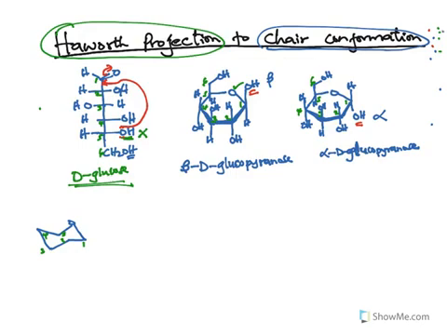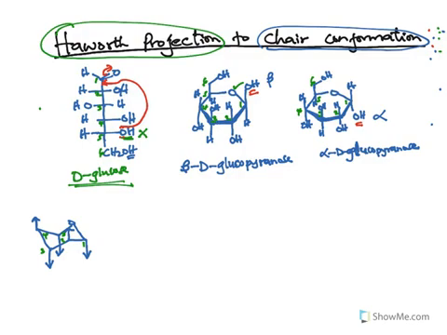Axial positions are going directly up or down. Usually we have them alternating: down, this is going to be up, this is going to be down. Those are axial positions. This is going to be up.